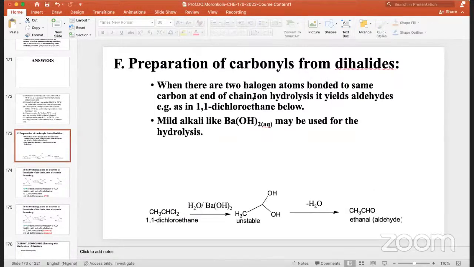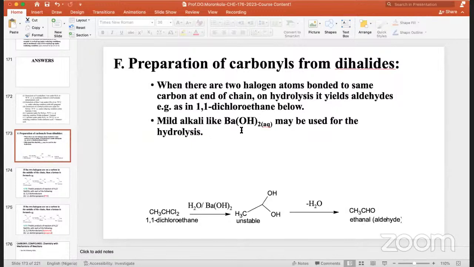Let's go through this slide together. When there are two halogen atoms bonded to the same carbon, please take note, the same carbon at the end of the chain this time, after hydrolysis the aldehyde is formed.